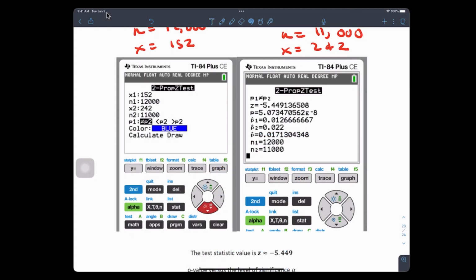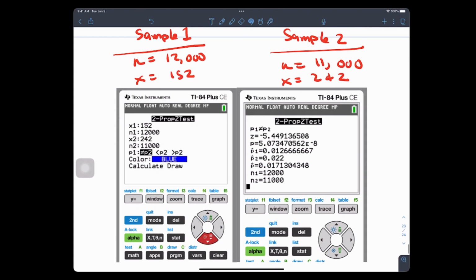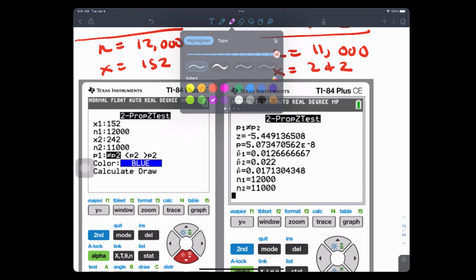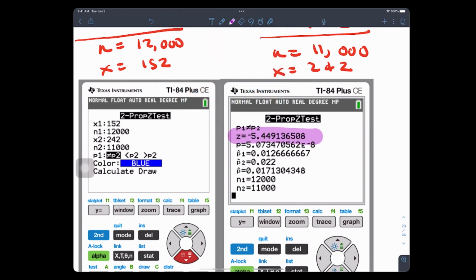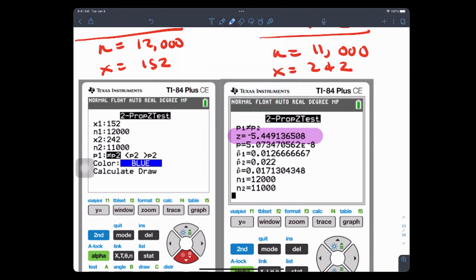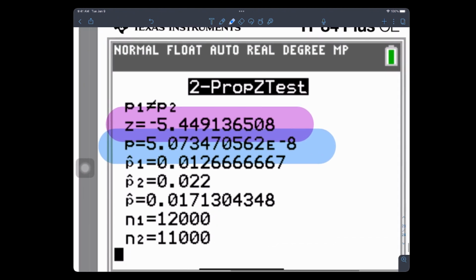Okay. So I'm going back here to emphasize a few things, right? Here's your test statistic. And then here's your, what color were we using? Blue, I think. P-value. The test statistic, -5.45. And then what do you guys know about the p-value?